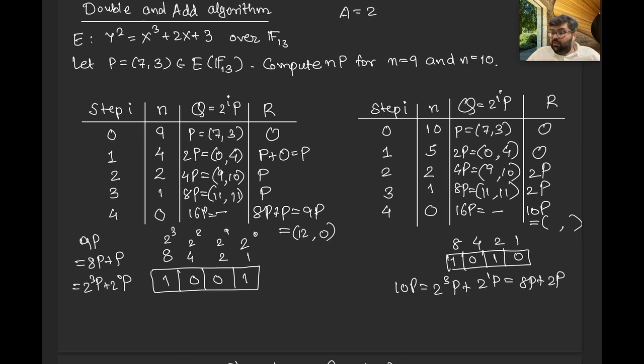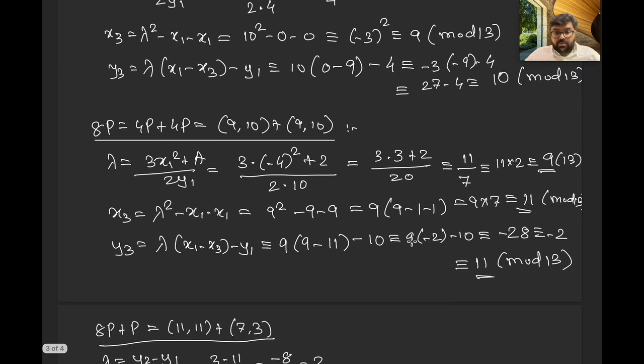Let us check. And then here in the other one we have to compute this 2p plus, so we should write here actually, instead of 2p we should write 0 comma 4. So 0 comma 4 and 11 comma 11, so two things to be added.